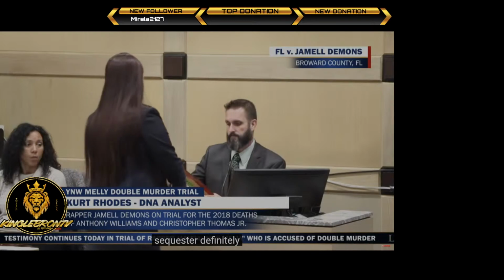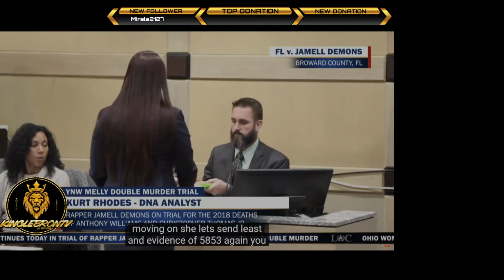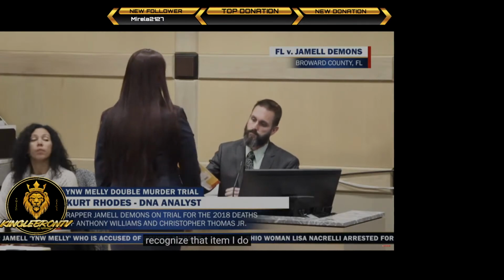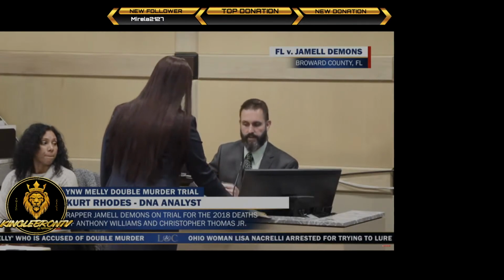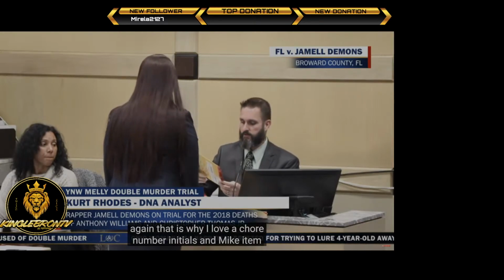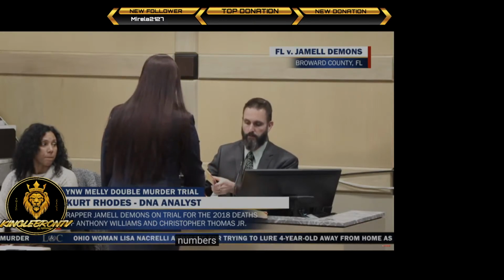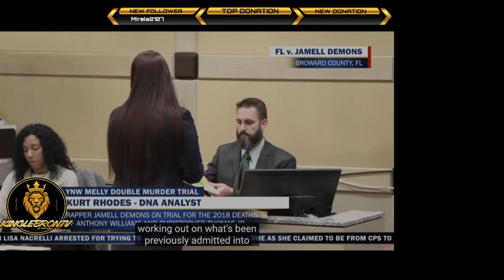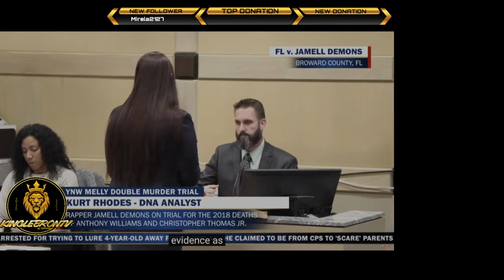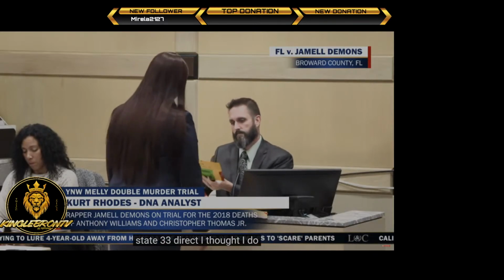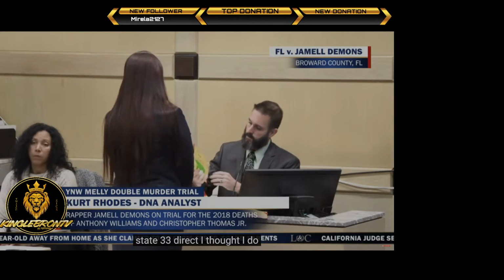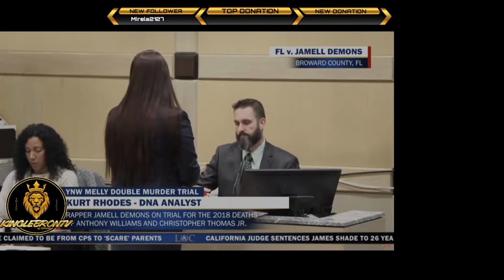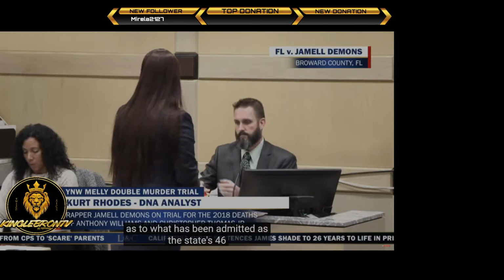Okay. Moving on to what's been placed into evidence as State 53. Again, do you recognize that item? I do. Again, it has my laboratory number, my initials, and my item numbers marked on it. What's been previously admitted into evidence as State 33. Do you recognize that item? I do. Again, it has all my markings on it. Okay. As to what has been admitted as State 46.